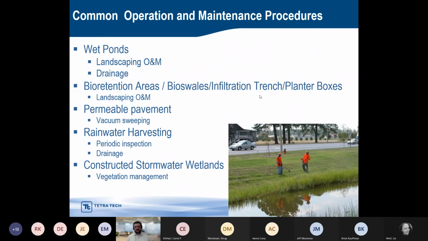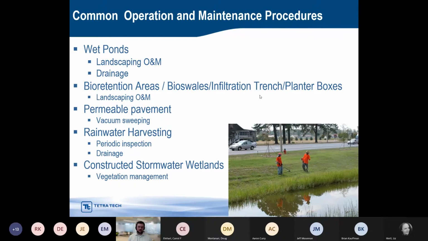And so on the aesthetic side, it's also going to depend on the setting where those are implemented. If it's in a shopping center where there's a lot of people coming and going, then you're probably already maintaining that BMP to a high aesthetic. And so I think that's also part of integrating these BMPs, where a lot of the maintenance that's required to keep these BMPs functioning, we're already doing on our landscape.